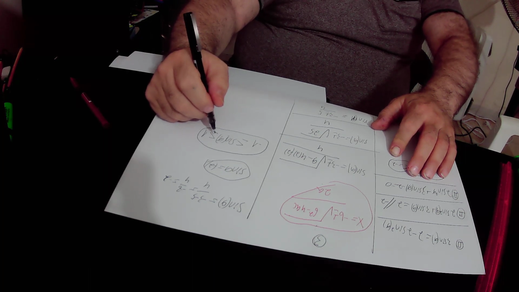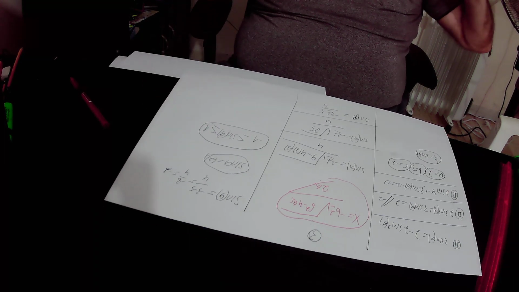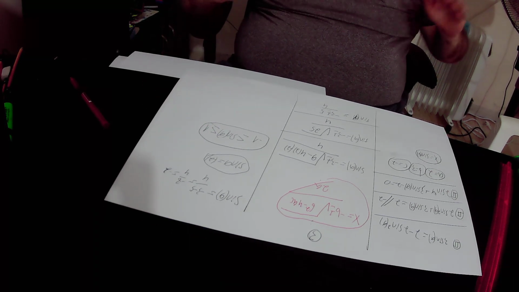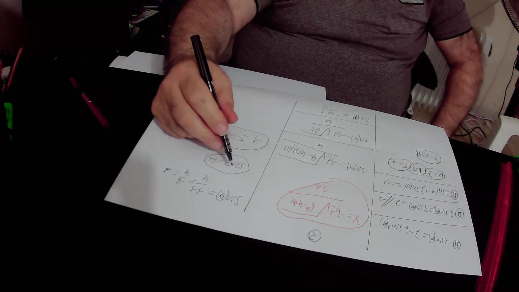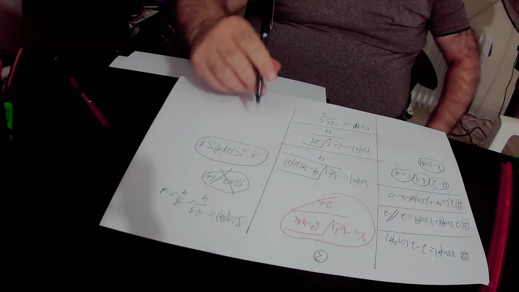Therefore, it is an incorrect solution, that is to say sine alpha can never be equal to minus 2. So we will focus on the second solution.